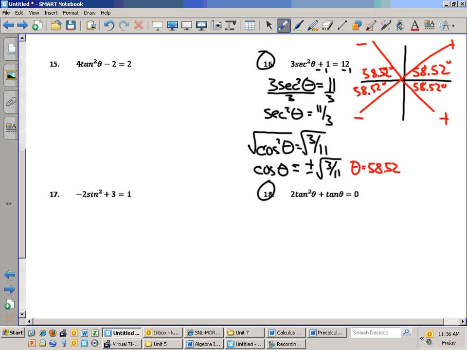So what's my first solution then? 58.52. Find the second one, I would subtract it from 180, right? 121.48. Find the third one, I would add it to 180, to get 238.52.